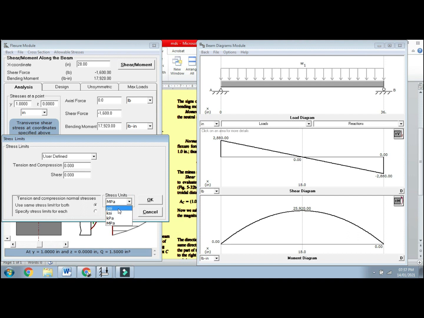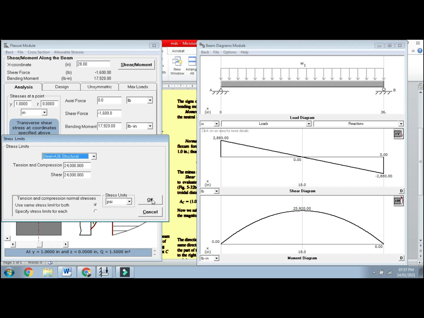This was the units PSI and my material was A36 structural steel. Yes, A36 structural steel is the material. So it's giving me 24,000 PSI under tension and compression, and shear is being taken as the limit for both.